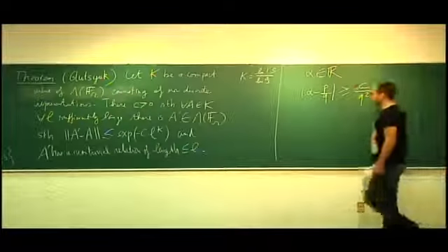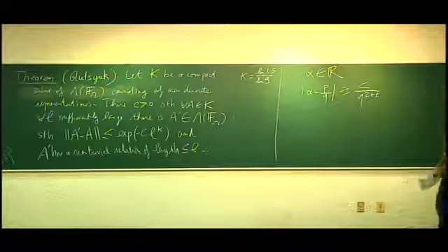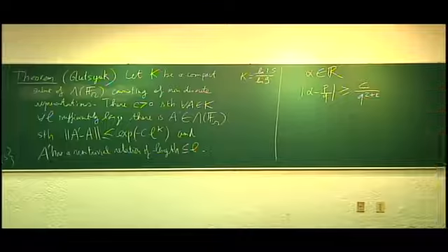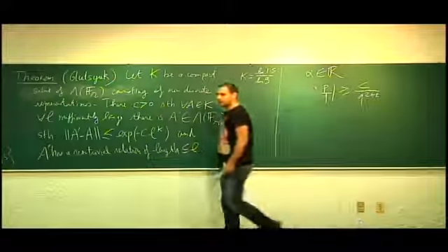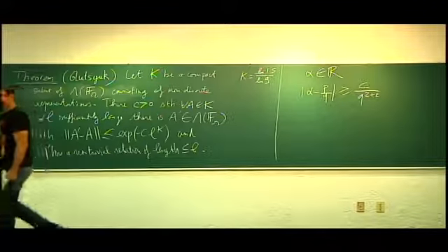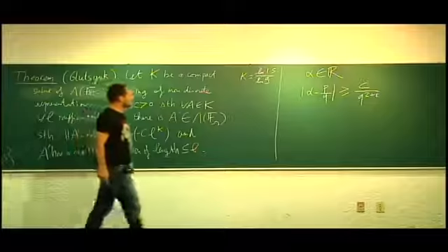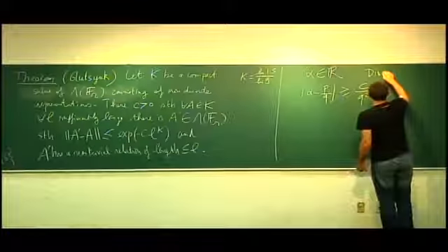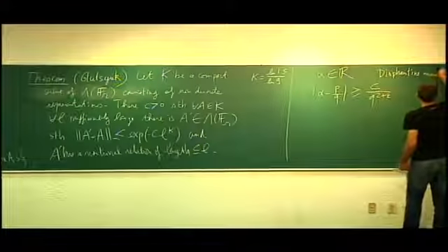So for some epsilon, there is a constant such that this is true for any rational number p over q. So this is called a Diophantine number.